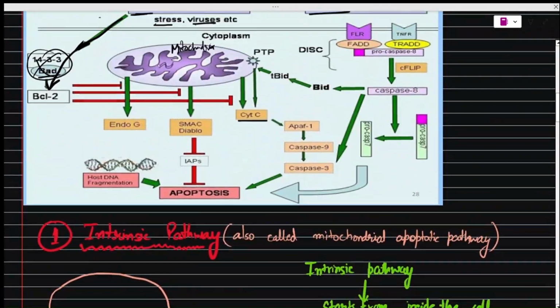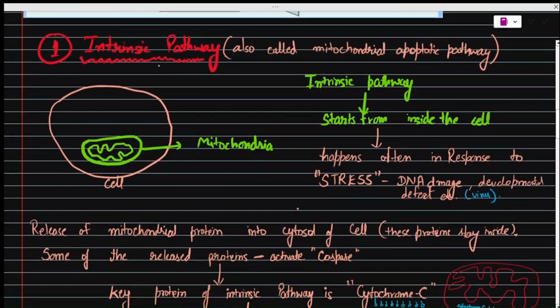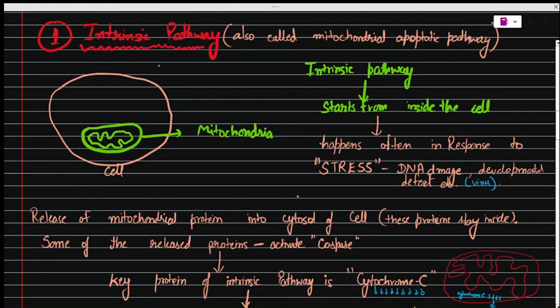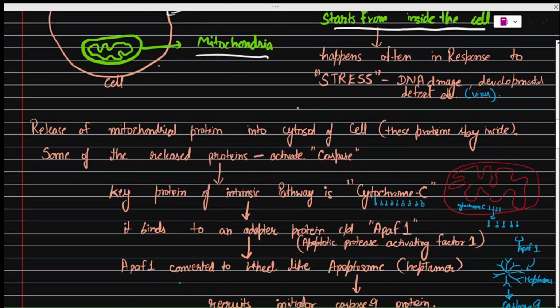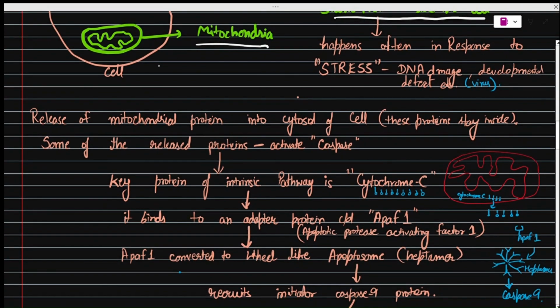Now we will move to what I have written earlier, which is the starting of this intrinsic pathway, also called the mitochondrial apoptotic pathway. It starts from inside the cell. This is a cell, and this cell contains mitochondria. When a cell suffers from a stress like DNA damage, virus infection, or developmental defect from inside, then some proteins are released from mitochondria.